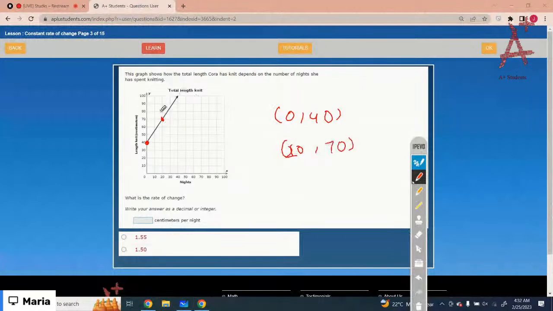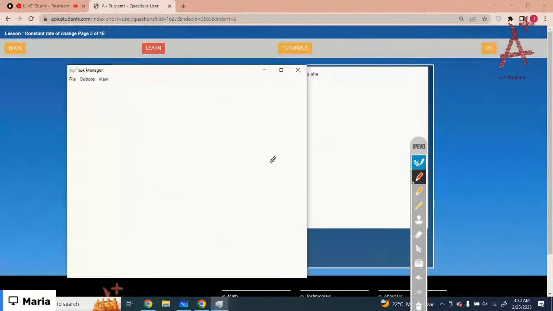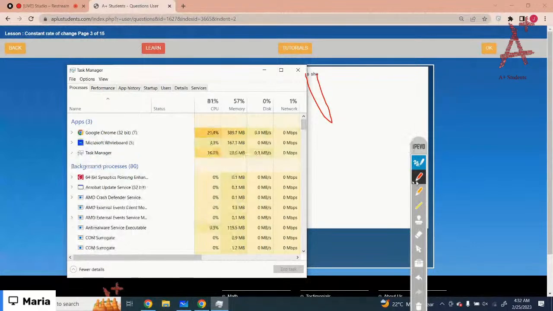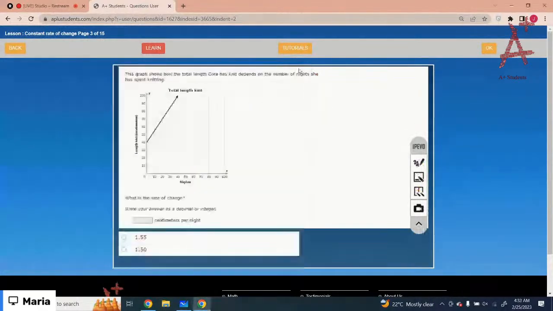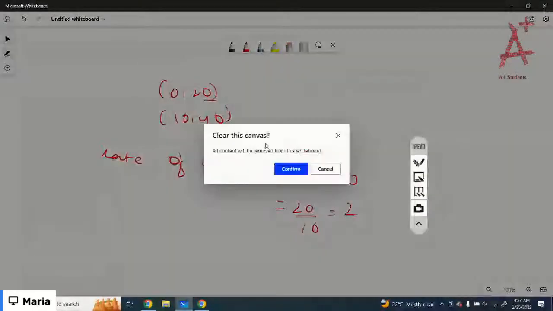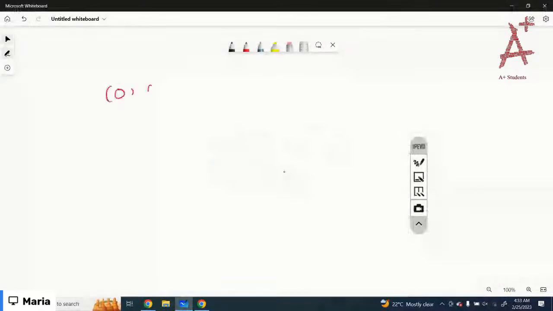So just use these 2 points and calculate the slope: (0, 40) and (20, 70).